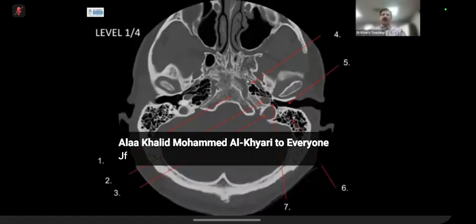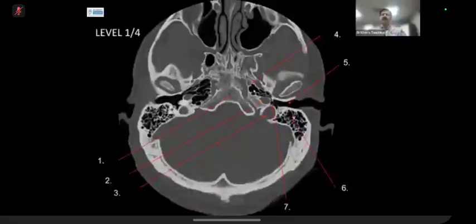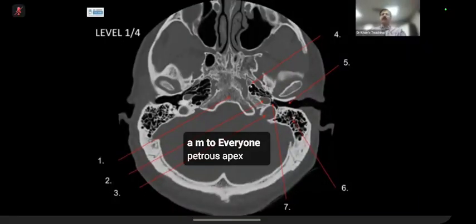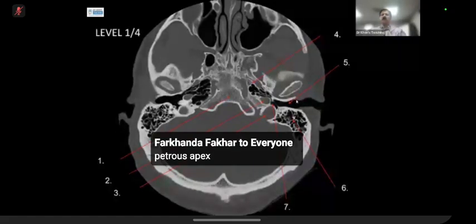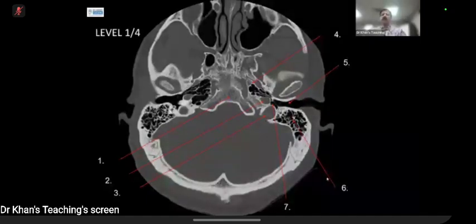If you see here, just to highlight that this structure is partly aerated. And look at this side. You remember the one which I showed you before did not have air cells. So this is pneumatization. Okay. Number 5, what is this? And then number 6, what is this?